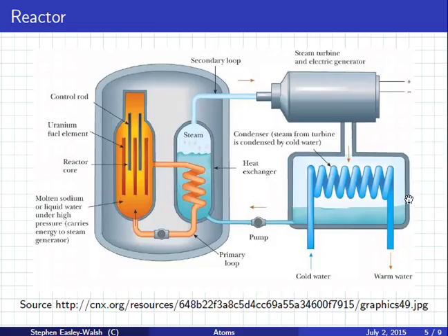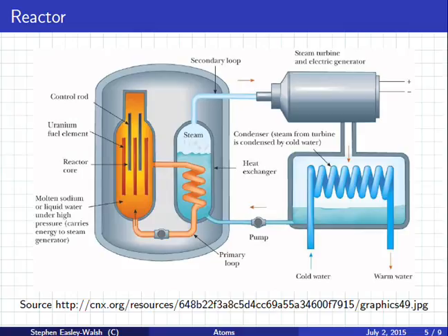So in fact, you can use this to make power, electricity in the power plant. What happens here is you have cold water that comes in and it goes into this tank here. And then you see here, beside the tank is the reactor core.